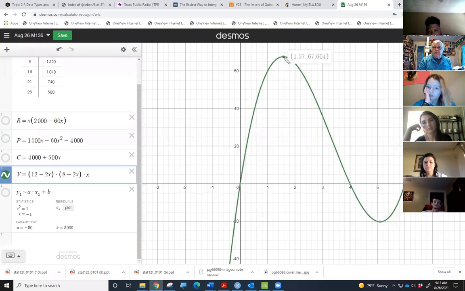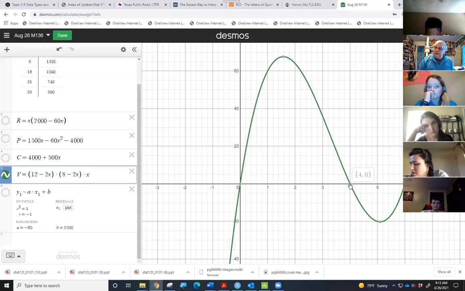But when it gets to this point right here, a little over 1.5 inch squares, the volume starts to decrease again. And when I get down to 4, if I'm cutting a 4-inch square, my volume is 0. Does that make any sense?